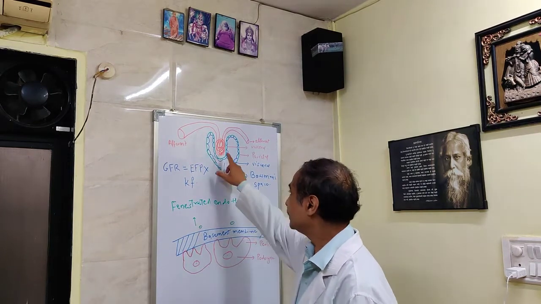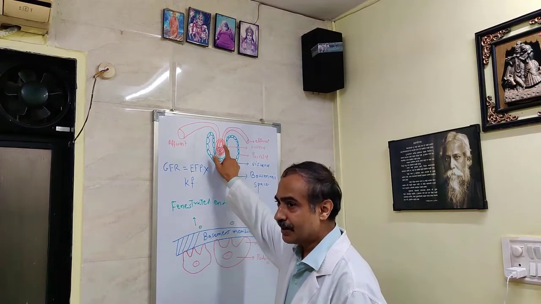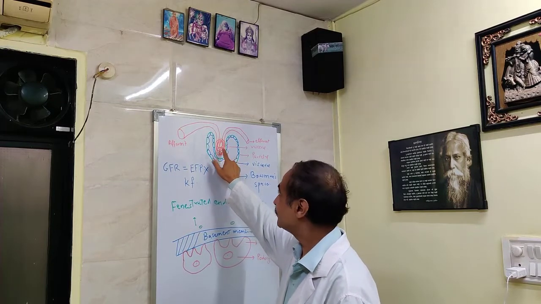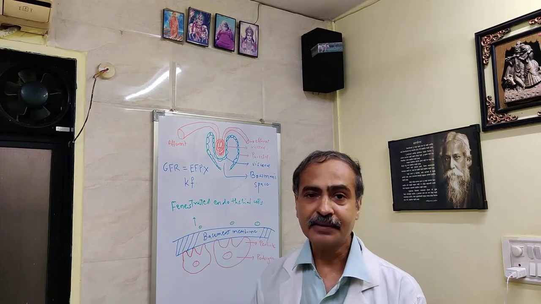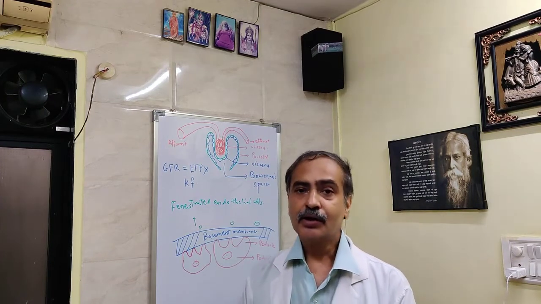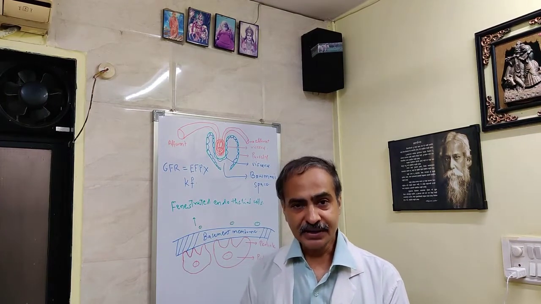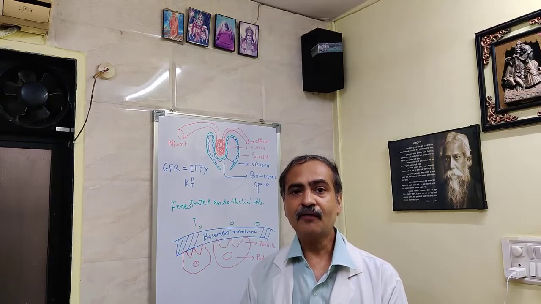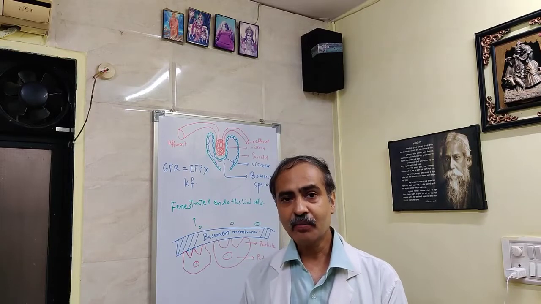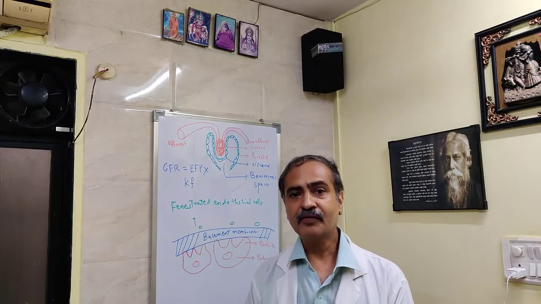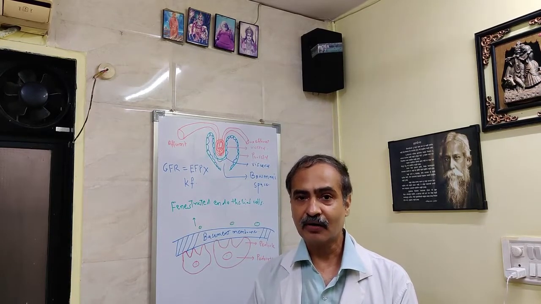That is, the hydrostatic pressure present is almost double that of the rest of the capillary bed of the body. The hydrostatic pressure in the glomerular capillary bed is about 45 to 60 millimeter of Hg, while that of the rest of the body is only about 25 to 35 millimeter of Hg.